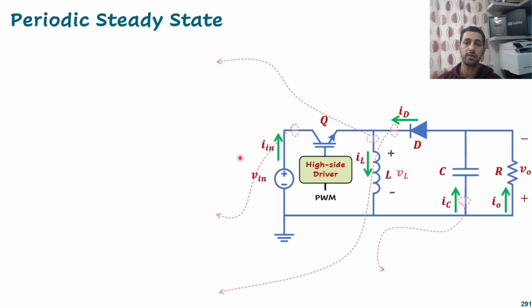As we did in the buck and boost converters, we are going to see the waveforms of each component here. I think we have I input here, which is the same as the transistor current. We have IL here. In the on time, it will charge through the transistor, and then after the transistor gets off, it will discharge going to the capacitor and resistor and through the diode.